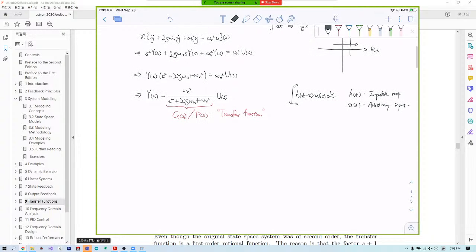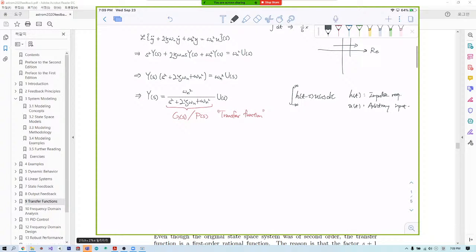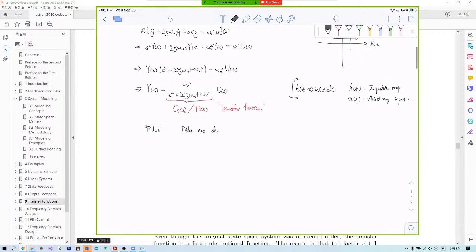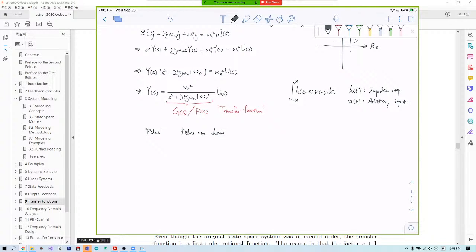Okay, once we define the transfer function, we can find out the poles. Sorry, poles are the zeros of the denominator of the transfer function.